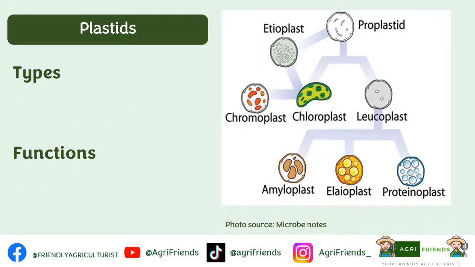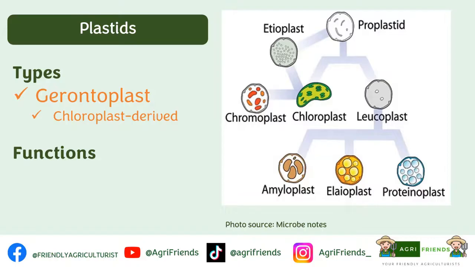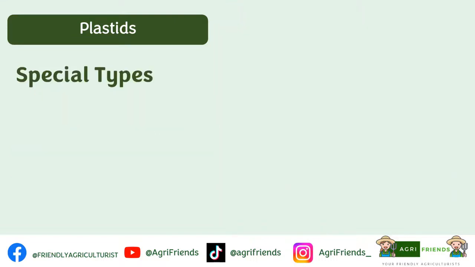Another type of plastid is the gerontoplast. These are chloroplast-derived plastids adjusted for recycling of plastids, which are mainly found in senescence process or under stress condition. There are also several special types of plastids.